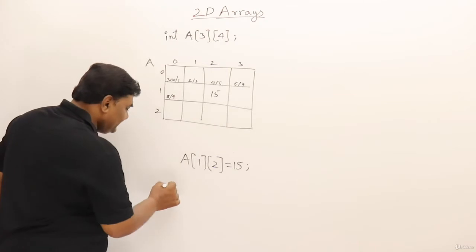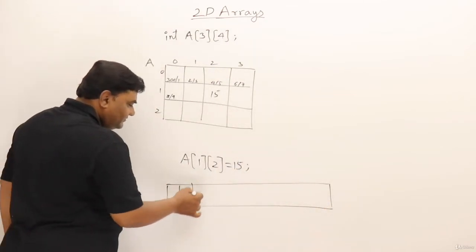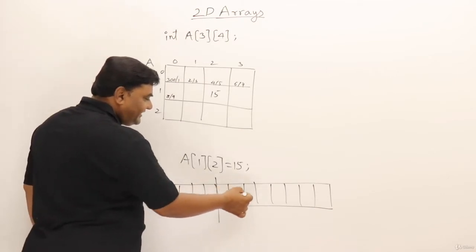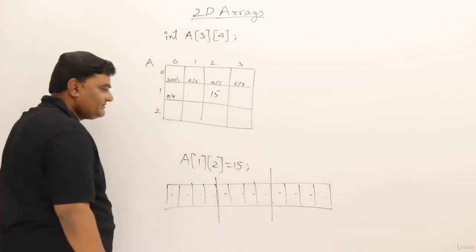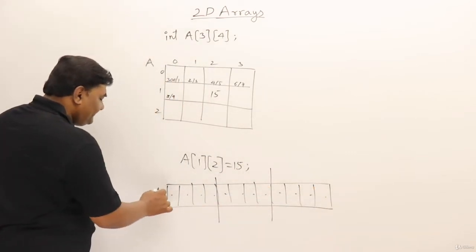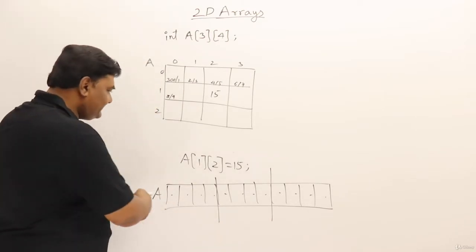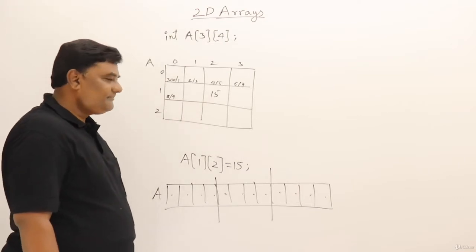So basically it will create a single dimension array of size 12, where the first 4 locations are used as the first row, the second 4 locations are used as the second row, and these locations are used as the third row, and the name of this is A. But the compiler will allow us to access this single dimension array as actually a two-dimensional array.